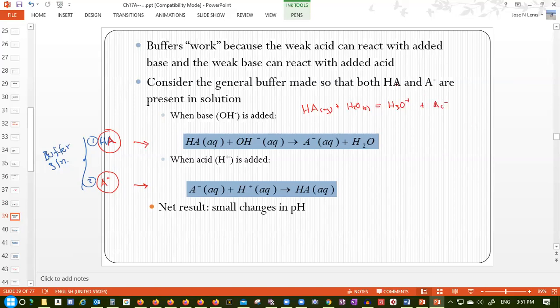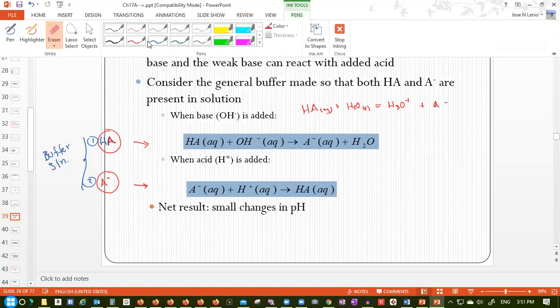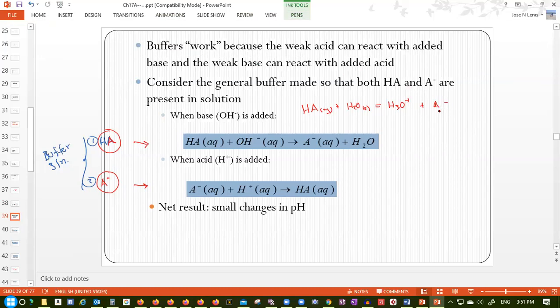I was using acetate, but let's use a generic one. It doesn't need to be acetate. Any salt. This is the ionization of the weak acid. So you add that into your solution, and notice that the weak acid is making the hydrogen ions, and it makes the salt. And this salt comes from here.